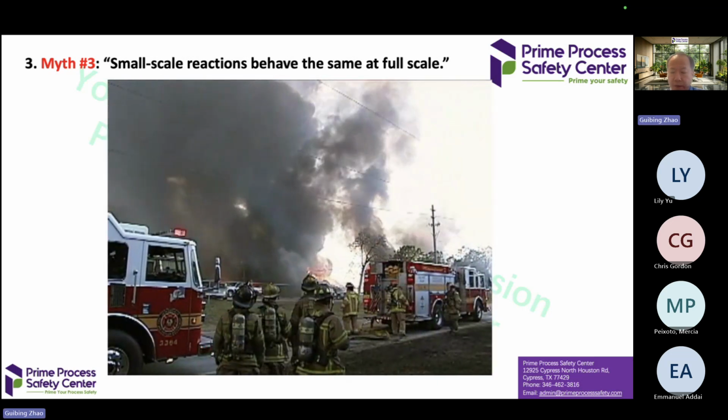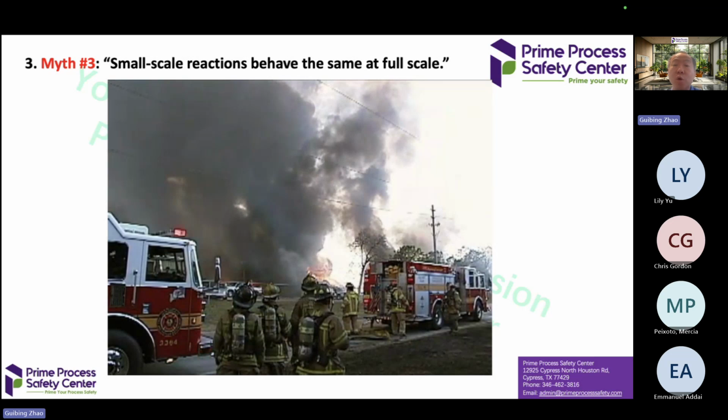This T2 laboratory, a big reactor with a normal reaction, shows how bad it could be. There's lots of background for this incident. Actually, the owners were two chemical engineers, and when they scaled up, they went directly from a 1 liter reactor to a big 10 cubic meter reactor.